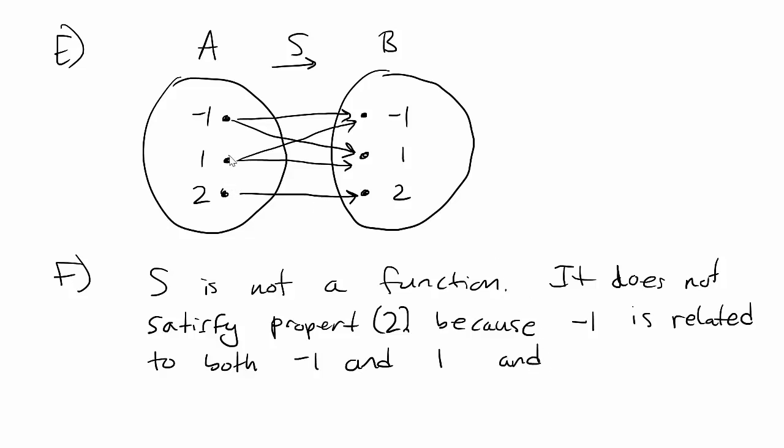And also you can look at 1 here. That is related to both -1 and 1. So you've got more than one arrow coming out of these two elements in set A.